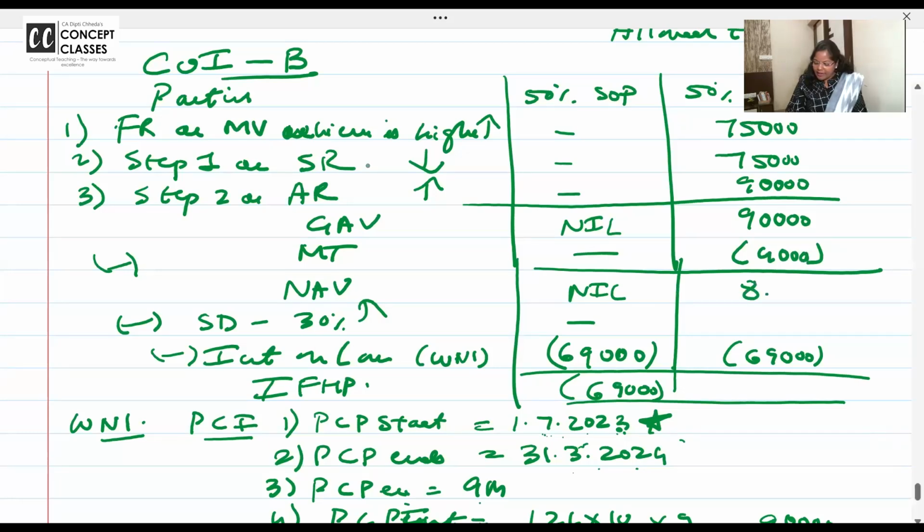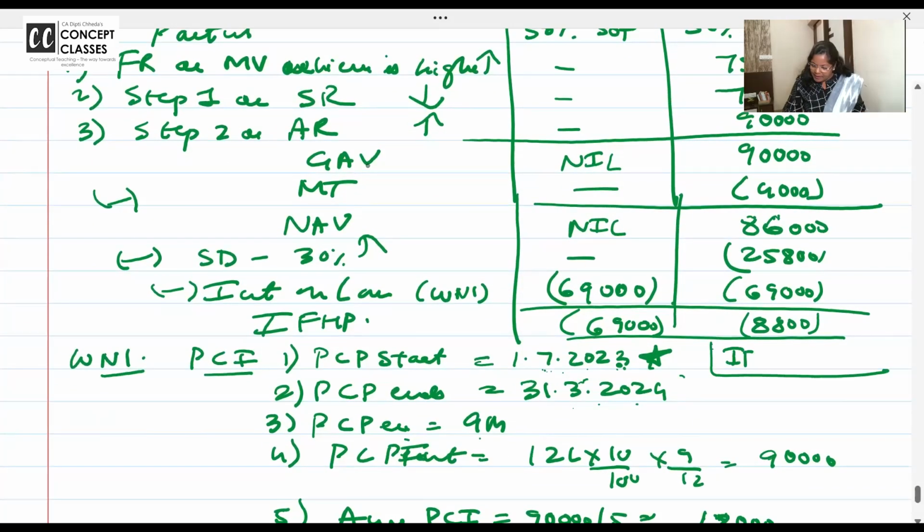Now 86,000. 30% of 86,000 is 25,800. And 69,000 minus 86,000 is 8,800 loss.